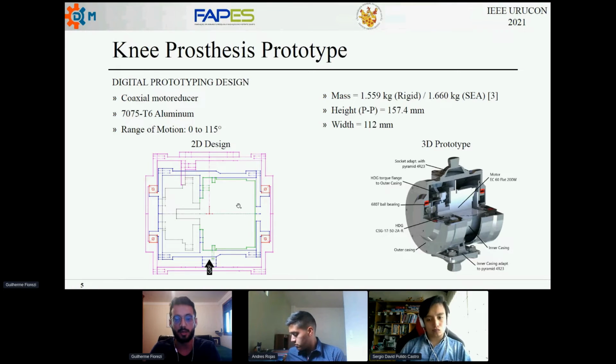And then we did the 3D prototype to design the slots and also to make the fabrication drawings of the prosthesis.